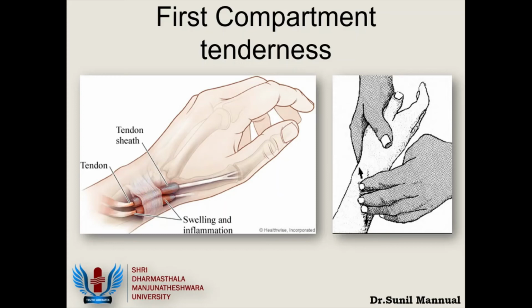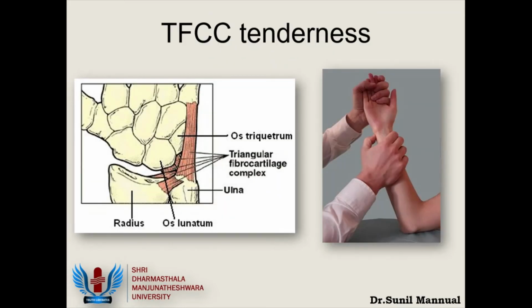These tendons go under the extensor retinaculum, and normally they are supposed to have a free gliding movement, but here the free gliding movement is lost because of swelling and inflammation, and therefore you palpate this area very gently to see for any tenderness in the first compartment.